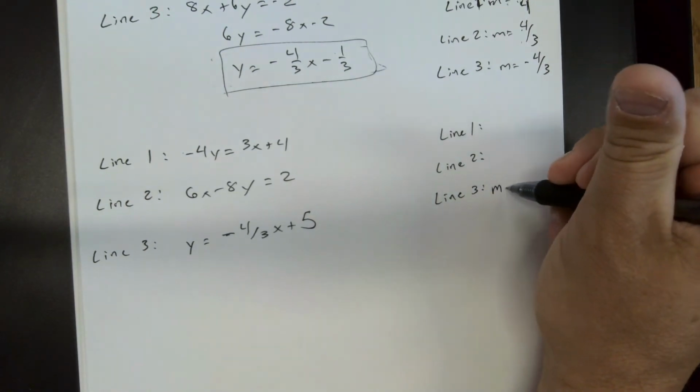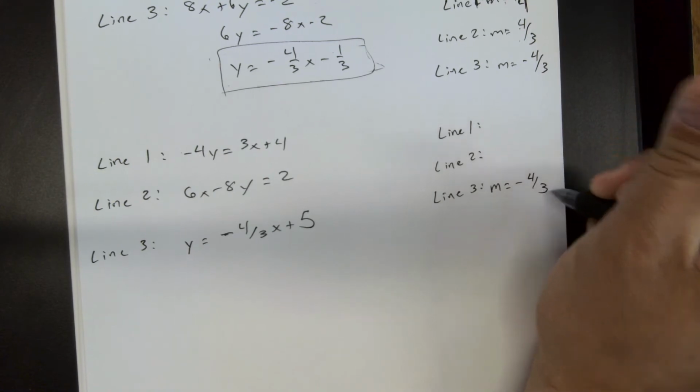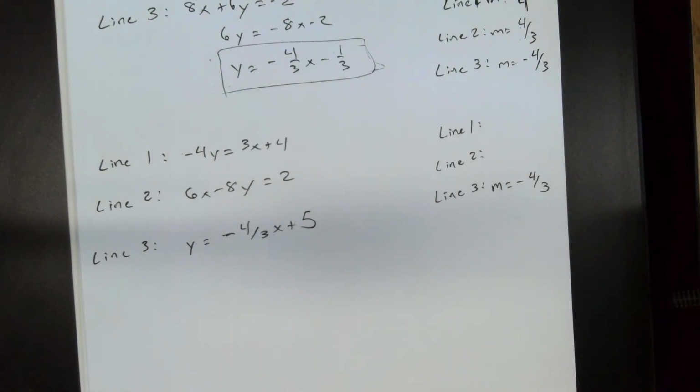I could tell you that line number 3 slope. Nice, Mr. Glazer. Wow, Mr. Glazer. Sheesh.